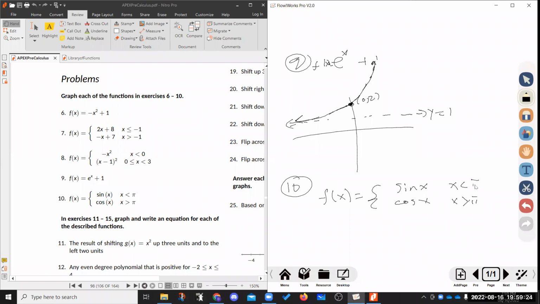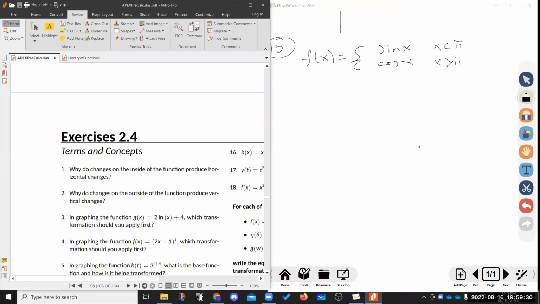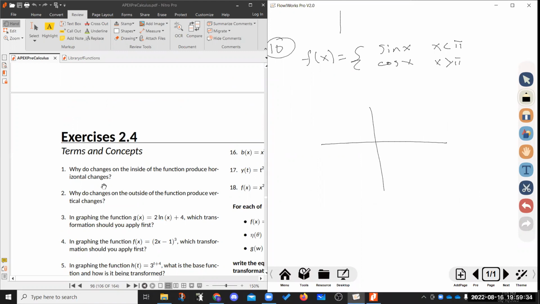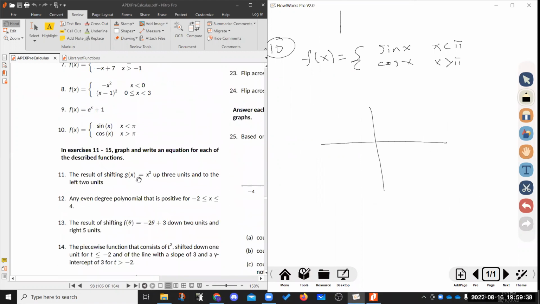So remember, our outputs are going to stay between -1 and 1 for both functions.